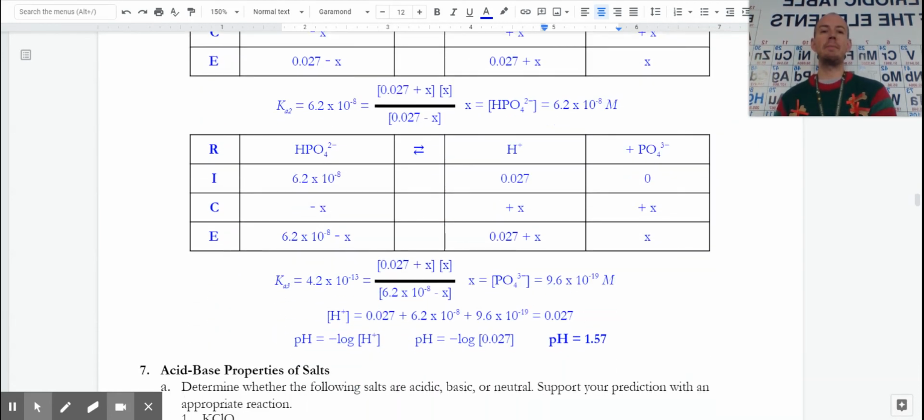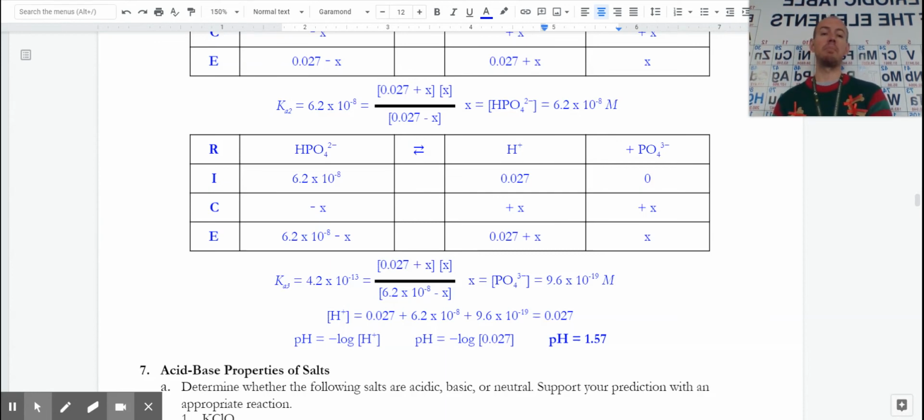Well, that thing that I made a very tiny amount of could further ionize. There's already some hydrogen ion there, though, from the first ionization. So that hydrogen ion, most of it came from the original phosphoric acid, but a tiny bit more can ionize here.